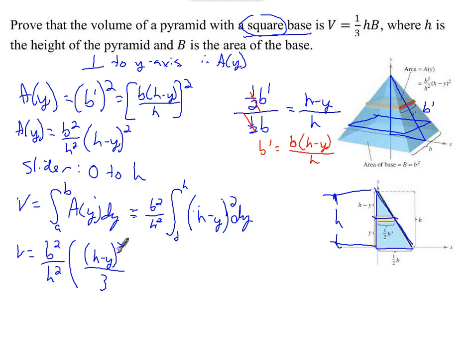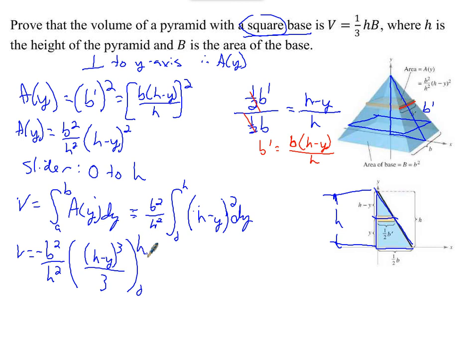If we were to take the derivative of this, the 3 would come down, and the 3 and the 3 would divide out. This would stay the same to the second power, but then we'd have to take the derivative of what's inside, which would give us a negative 1 out here. So we have to have a negative out front. And we're evaluating this from 0 to h.